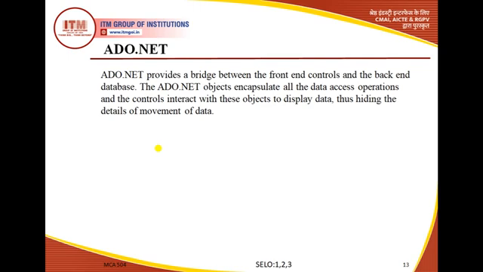So there must be some technology that provides connectivity between this registration form, the front end, and the details the user is filling into the exam registration form. Those details must be stored somewhere in the database.